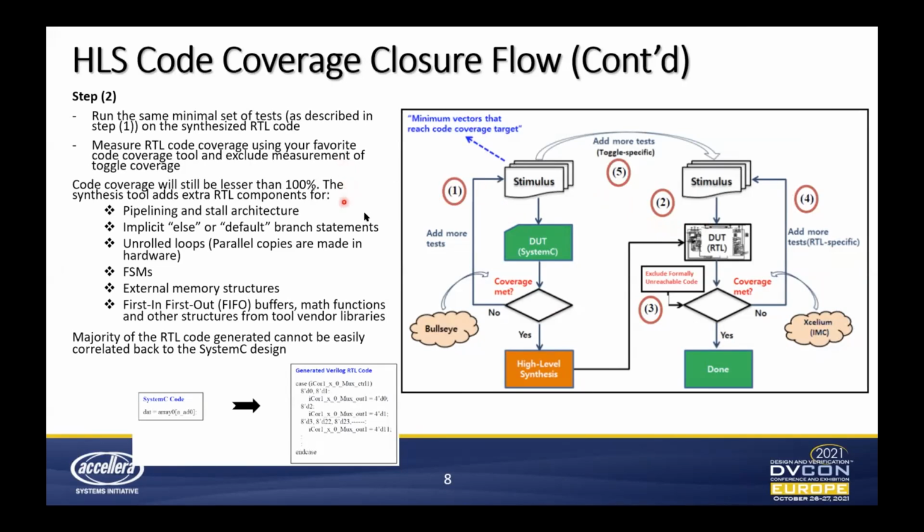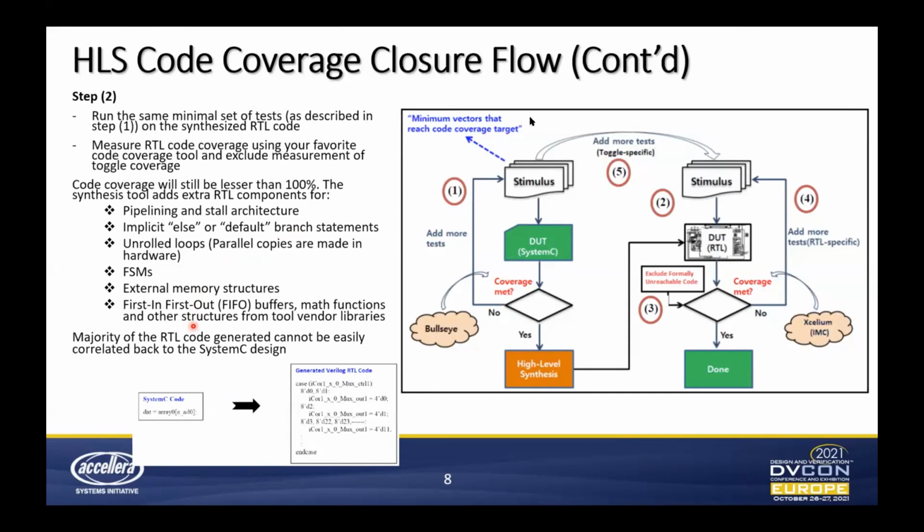This is because the synthesis tool adds extra RTL components for things like pipelining and stall architectures, implicit else or default branch statements, unrolled loops. So here parallel copies are made in the hardware, FSMs, external memory structures, first in first out buffers, math functions, and other structures from the tool vendor libraries. Typically other synthesis tool directives as well. All these new RTL code constructs will have to be covered at the RTL level only.